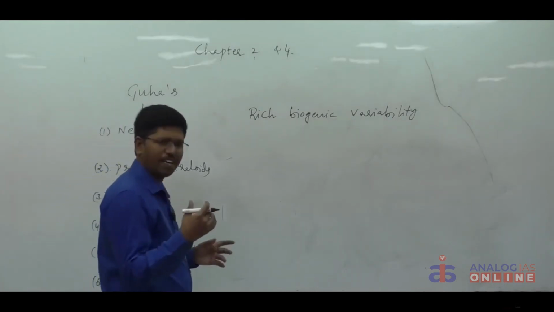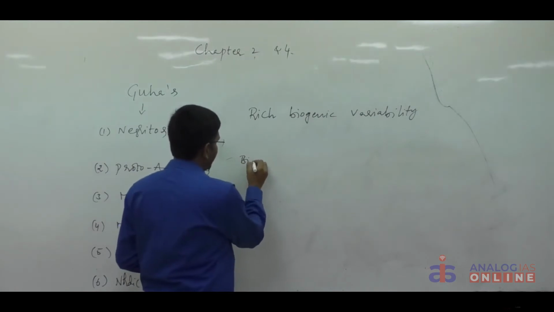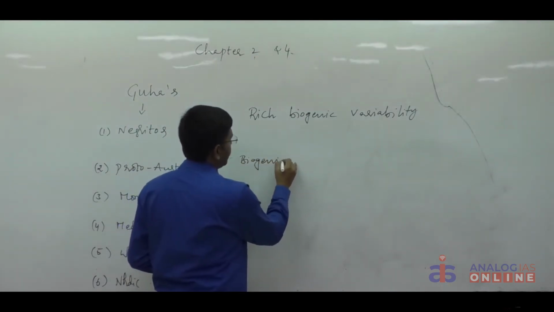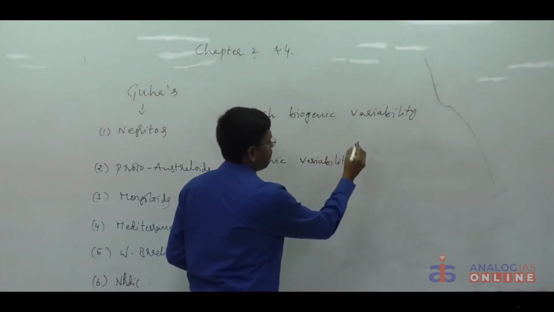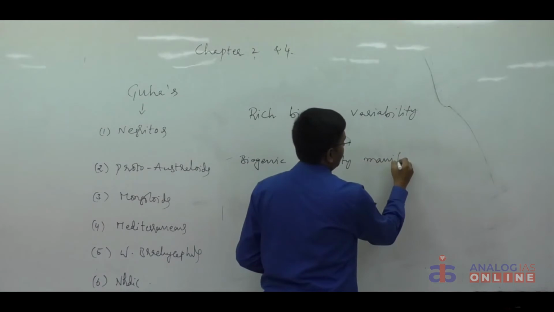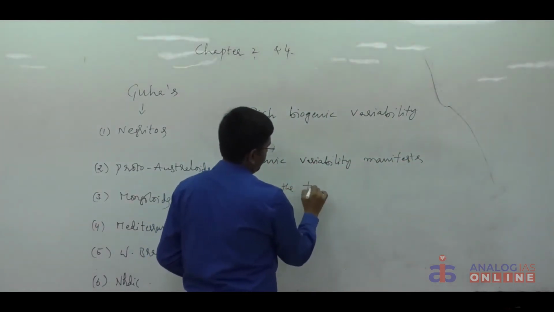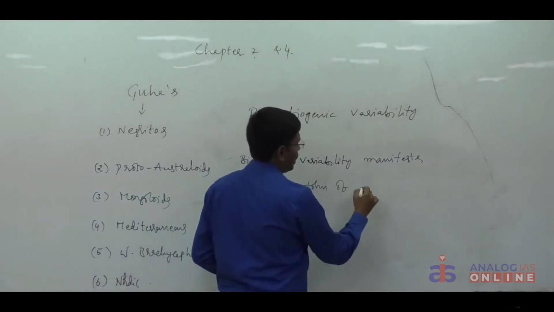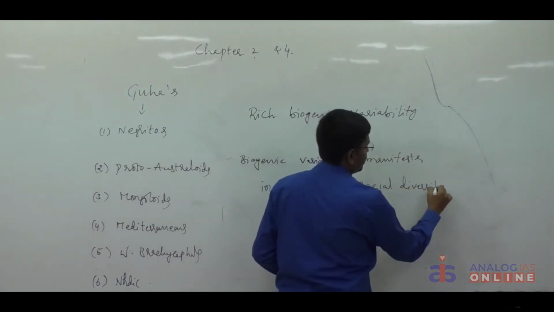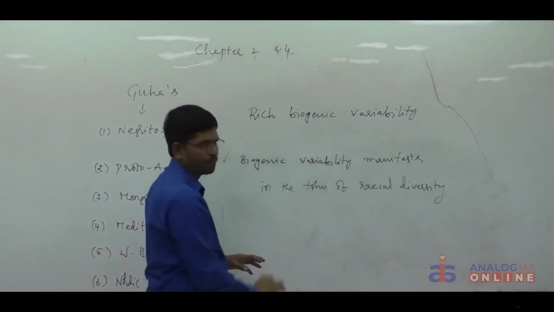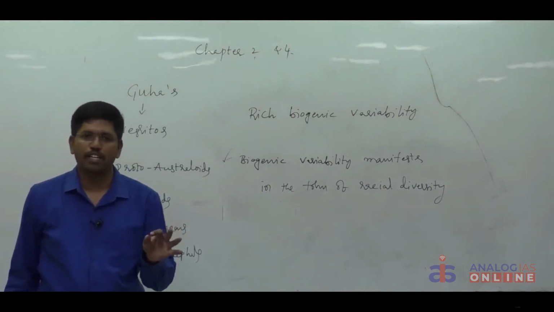Then you have to write racial classification only, but you have to write like this: the biogenic variability manifests in the form of racial diversity. Write this sentence in the beginning. Biogenic variability is manifested in the form of racial diversity.